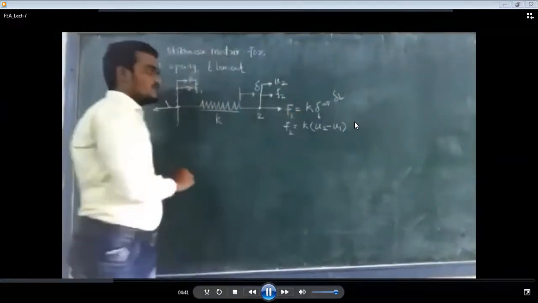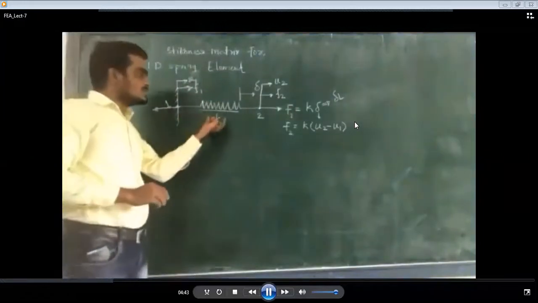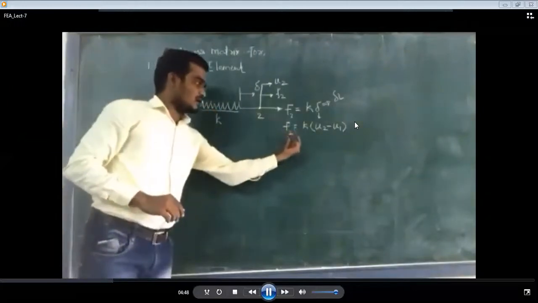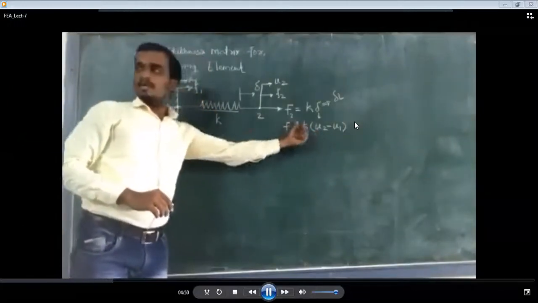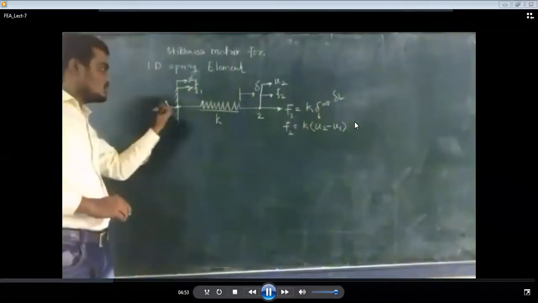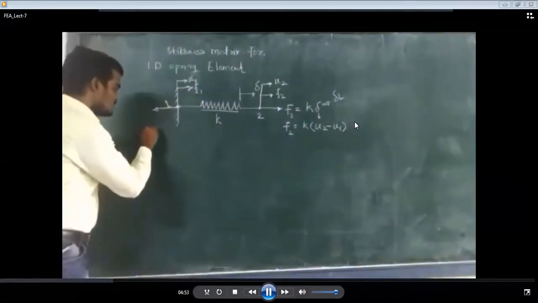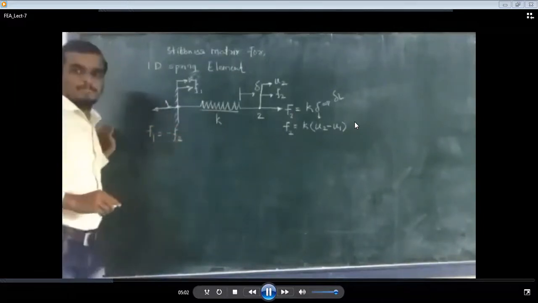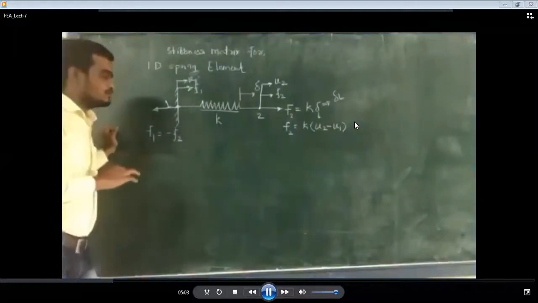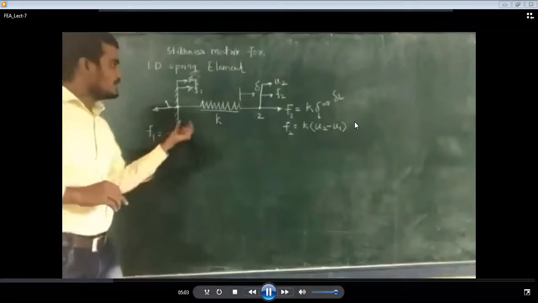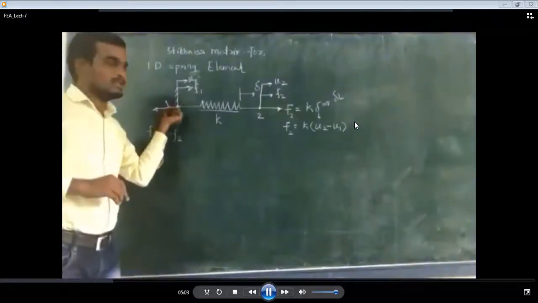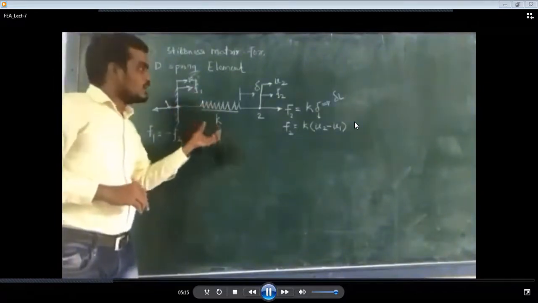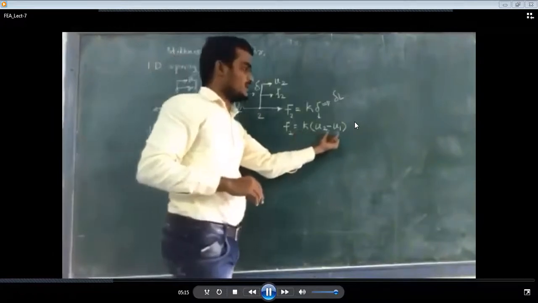If the force F2 equal to K times (U2 minus U1) is acting at node 2 in the tensile direction, then the same amount of force must act at node 1 in the opposite direction. To keep this spring in equilibrium, we need to apply the same amount of force in the opposite direction at node 1. So F1 will become minus F2, which means minus K times (U2 minus U1).